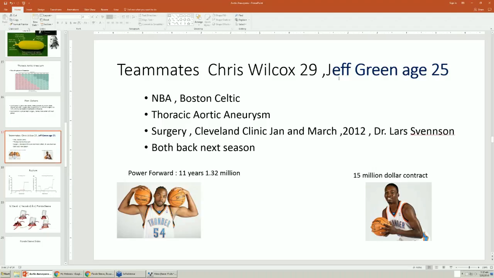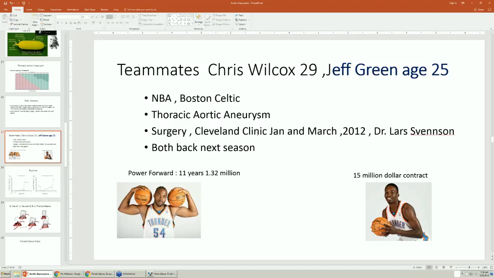So teammates, Chris Wilcox and Jeff Green of the Boston Celtics, you know, had ascending aortic aneurysms, and that meant a lot to them. And so this guy meant $1.32 million a year for 11 years, and this is another $15 million contract. So it meant a lot of money that these guys could take these round objects and drop them into little holes. And so that was pretty important to them and a lot of other people.